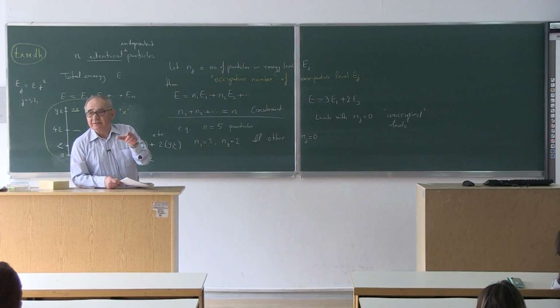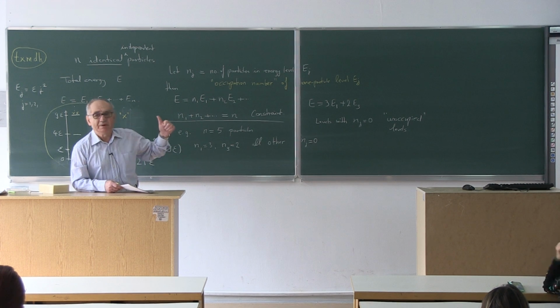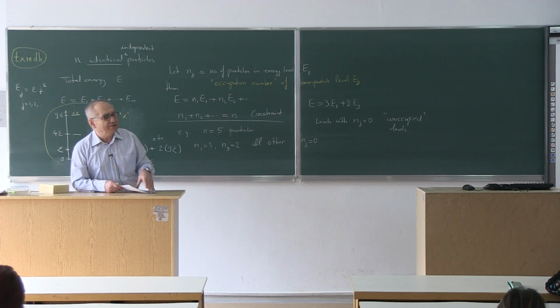However, there is one constraint when we use electrons as our particles. The constraint is the Pauli exclusion principle. You have heard of Pauli exclusion principle.